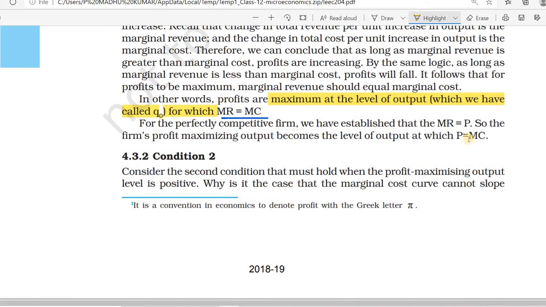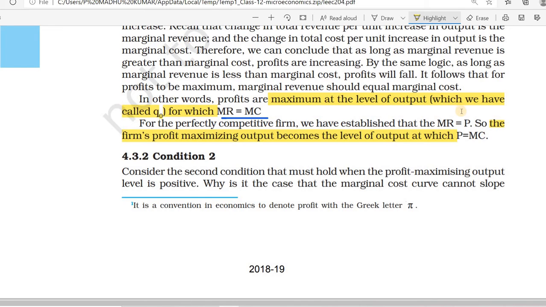We can write this condition as P equals MC. So the first condition is marginal revenue must be equal to MC. Then we can write it as P equals MC, meaning price should be equal to marginal cost.